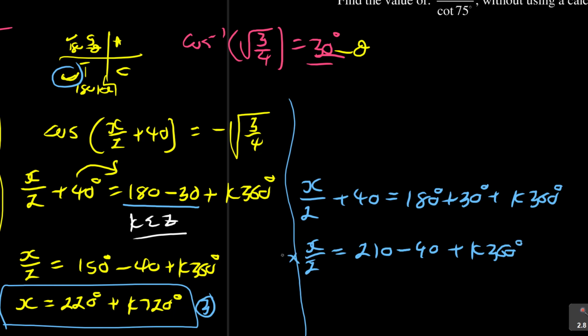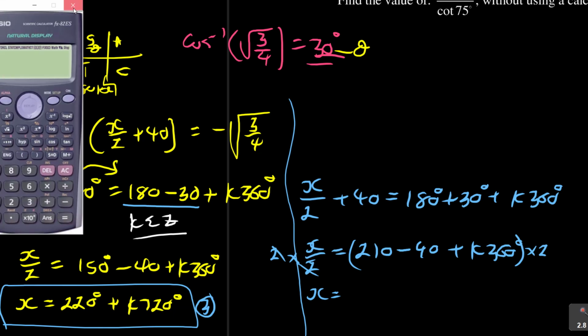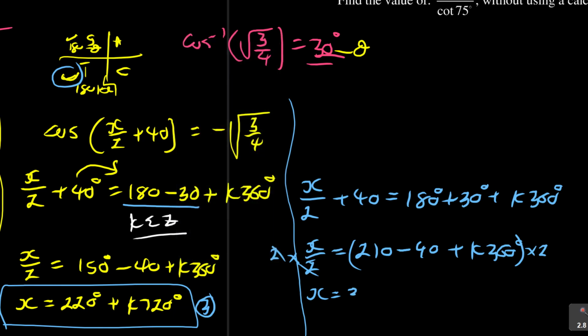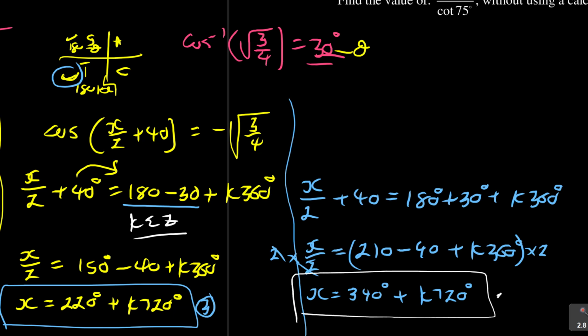See that? So multiply by 2 as we did previously. You have here x is equal to, now 210 minus 40, I need to know what it gives me there. 210 minus 40 is 170 times 2 is 340. So you've got 340 degrees plus k 720 degrees. Then this also becomes what? Number 4.